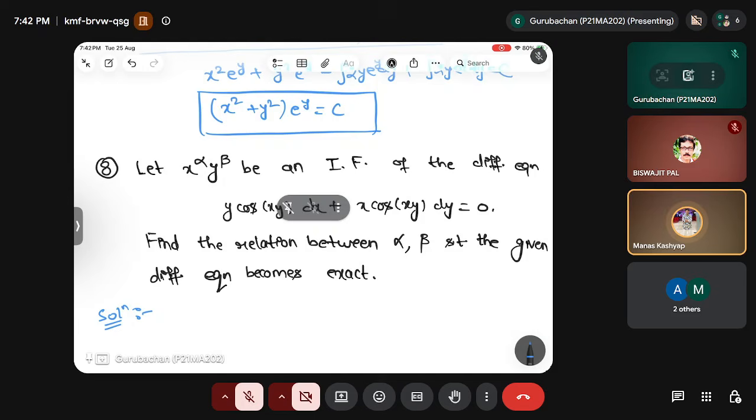Is there any typo, sir? I don't think so. I found this to be exact. Is this already exact? Yes. No, it will not, please check.